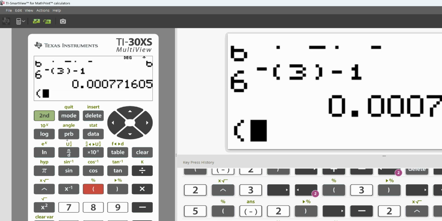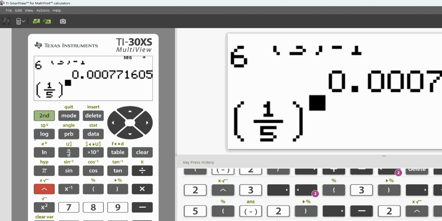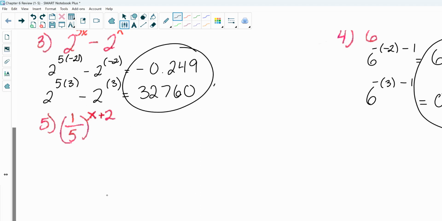And the last one, 1/5. So we'd say 1/5 to the negative 2 plus 2. And you can put parentheses around the value you're plugging in for x, or where x should be. So 1/5 to negative 2 plus 2 is 1.